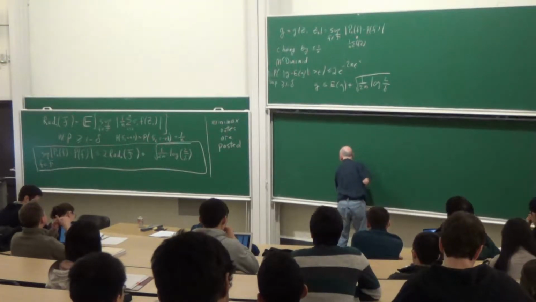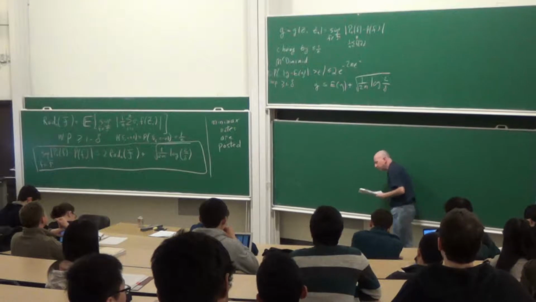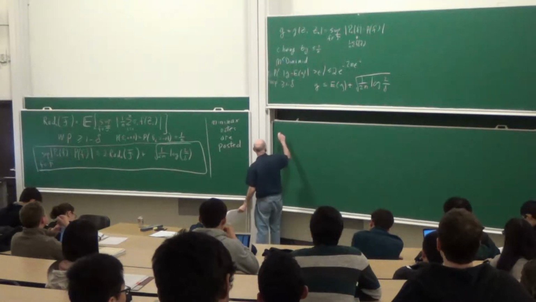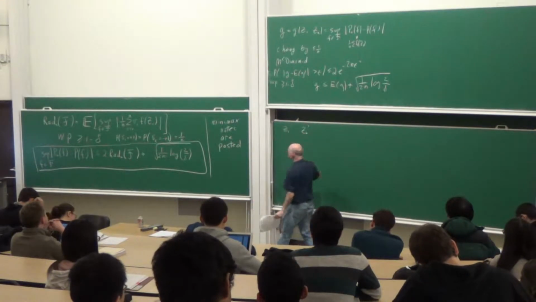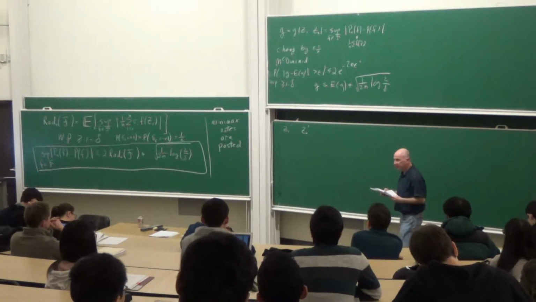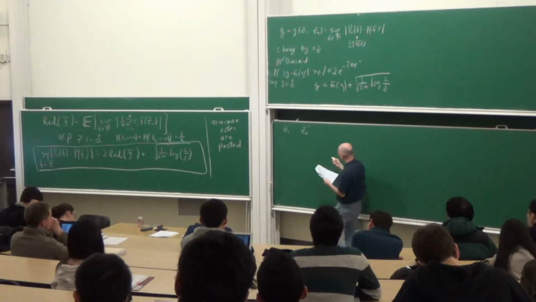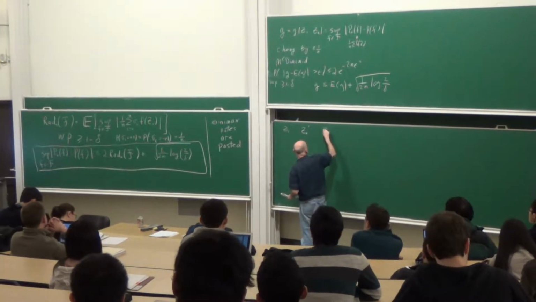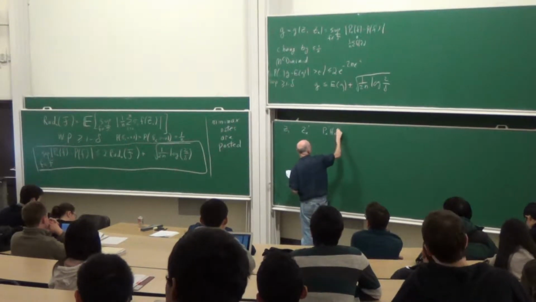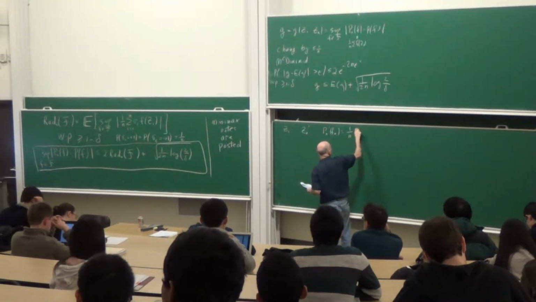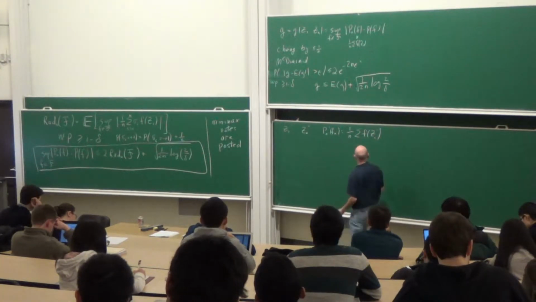Well, we're going to use a similar trick as we did in the VC theorem, which is to introduce a ghost sample once again. So we imagine a second completely independent sample. And of course, now I'm going to write Pn prime of f to be the average over the ghost sample.